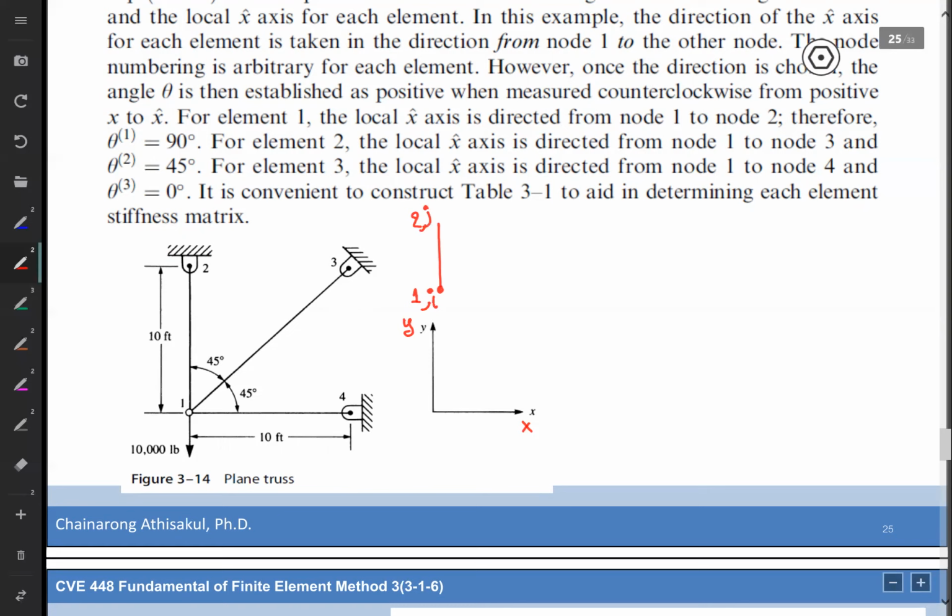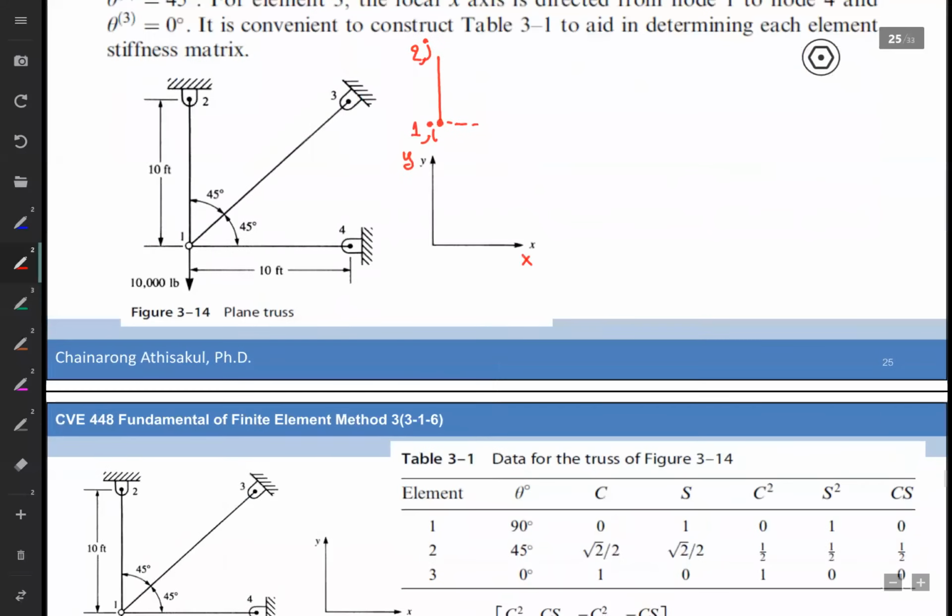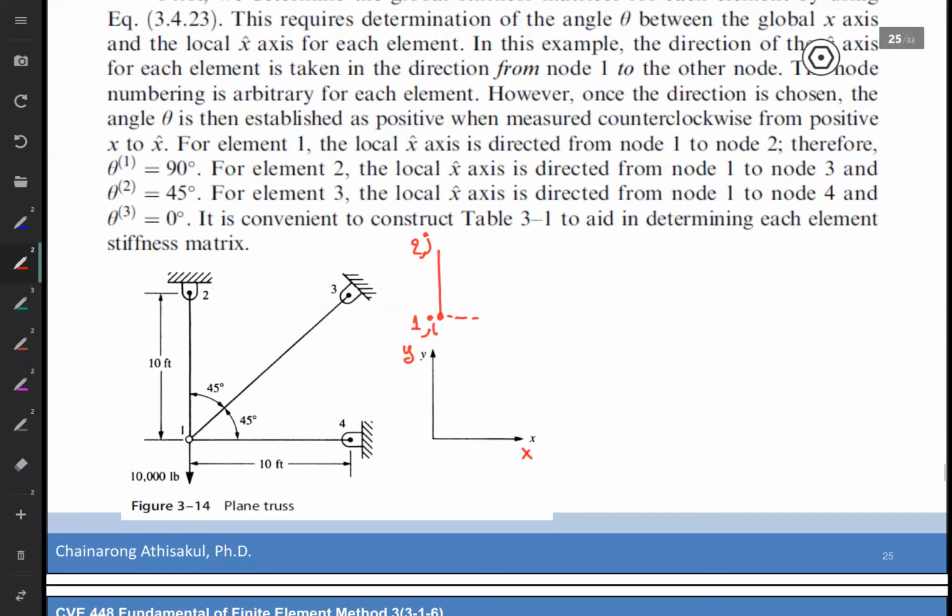Okay, so according to this, if we recall the relationship of local and global coordinates, for the case of element number 1, we will see that the angle theta becomes 90 degrees.